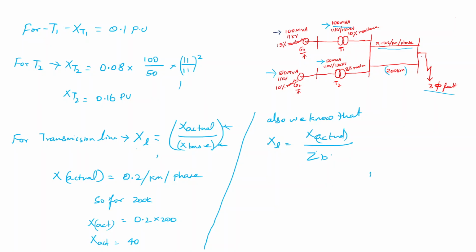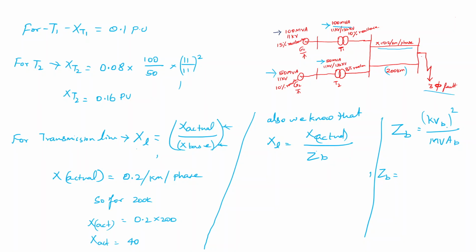So what is Z base here? How to find out Z base? Z base formula is KVB whole square divided by MVA base. If that is the case, ZB can be calculated. What is KVB at transmission side?